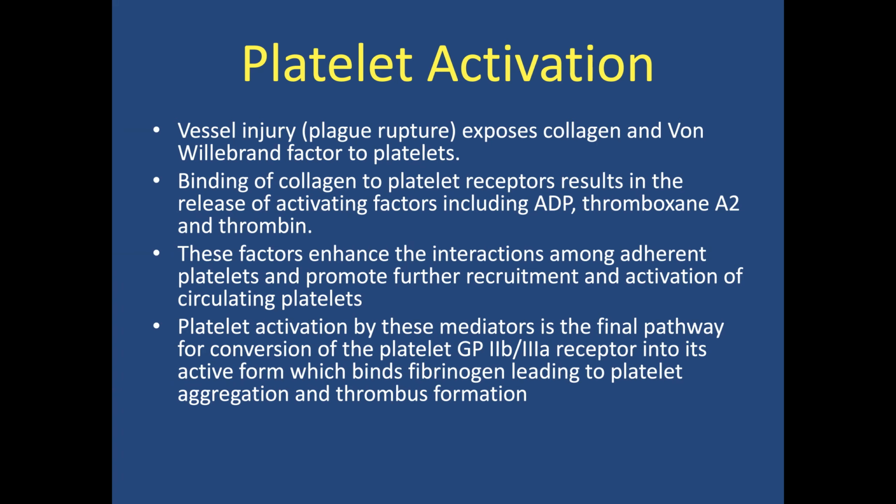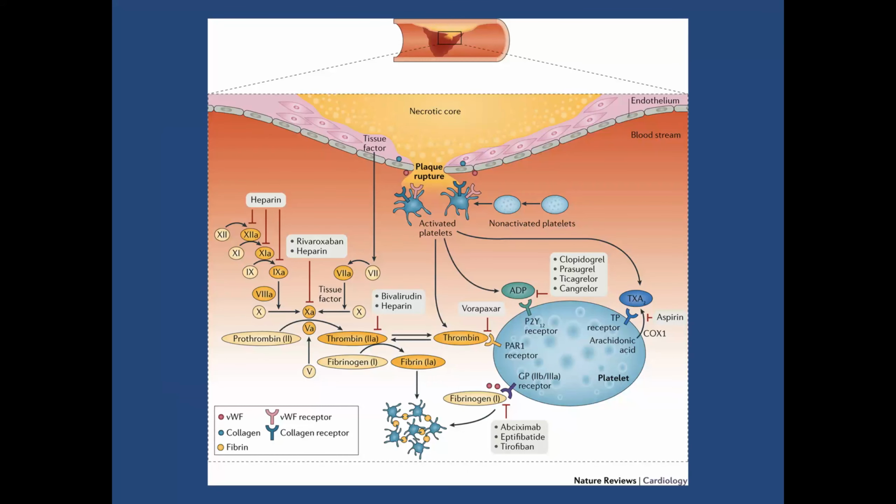And then platelet activation by these mediators is the final pathway for conversion of the glycoprotein 2B3A receptor into its active form, which binds fibrinogen, which then leads to platelet aggregation and thrombus formation. So this is a graphic of this here.